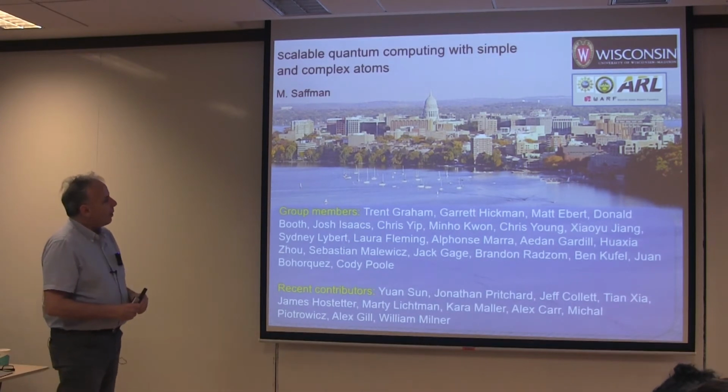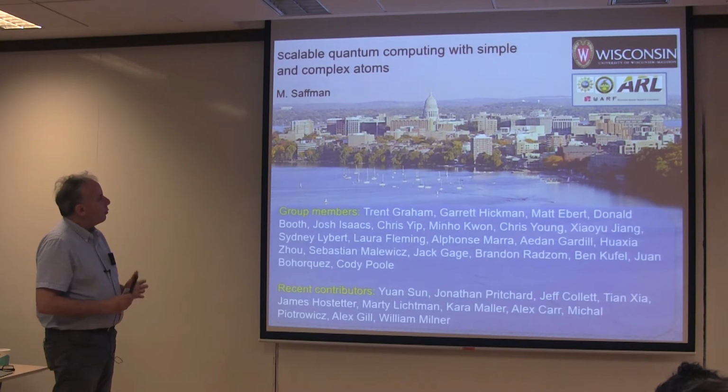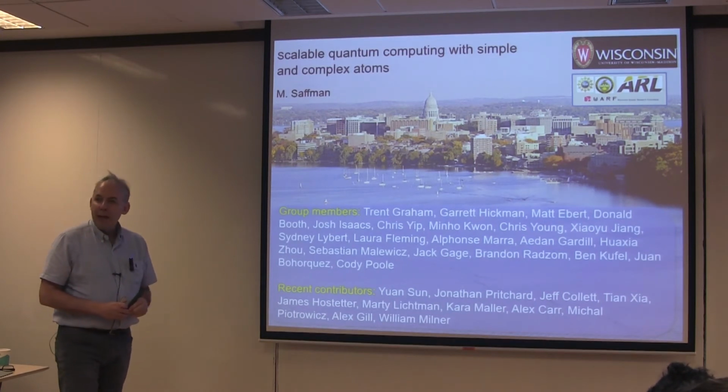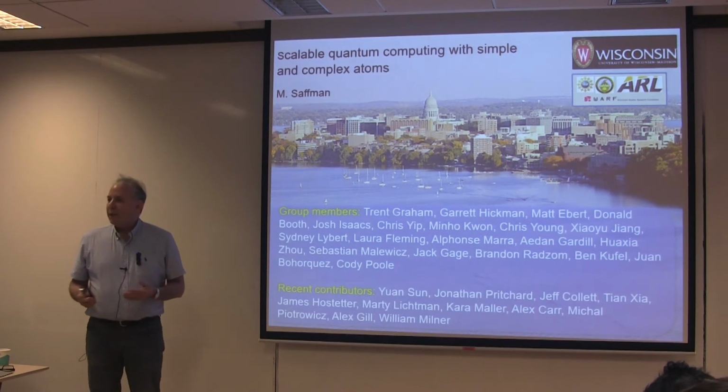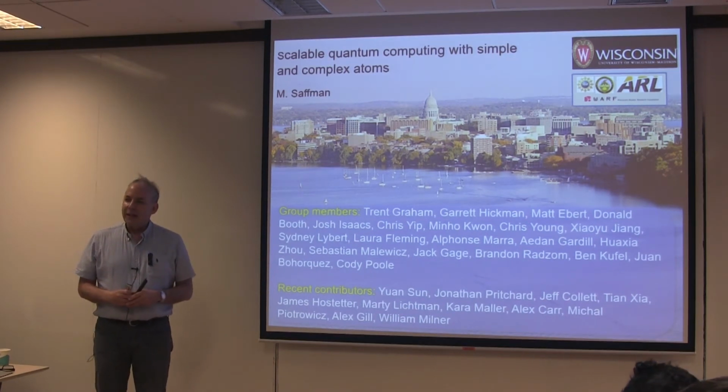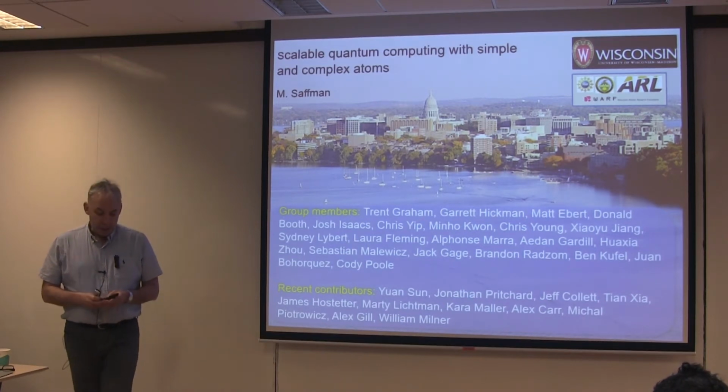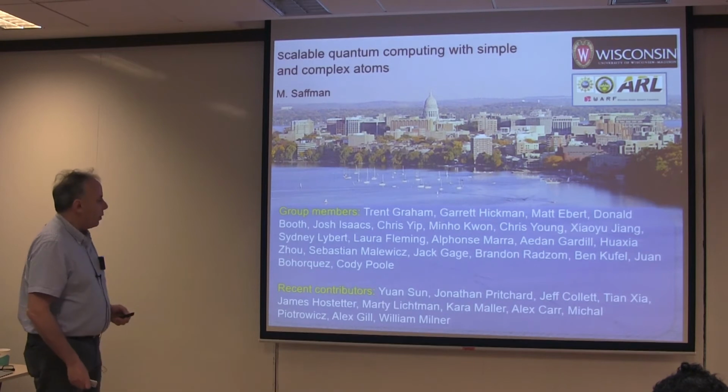And I want to tell you about our work towards scalable quantum computing with atoms, and I'll try and give you a mix of some atomic physics ideas and results, and their connection with working towards quantum computation. And so I've divided this talk up into a few parts.